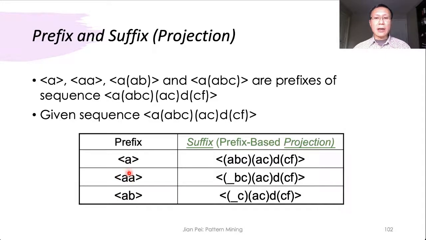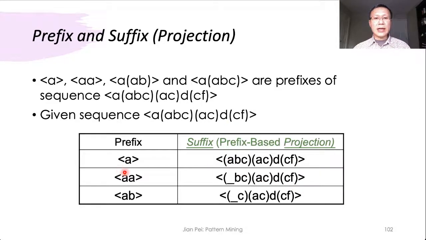At the same time, for each prefix, we can remove those items in the prefix, and then the remaining items and elements become the suffix. For example, for this a here, we remove this a, so we have (abc)(ac)d(cf) as the suffix.